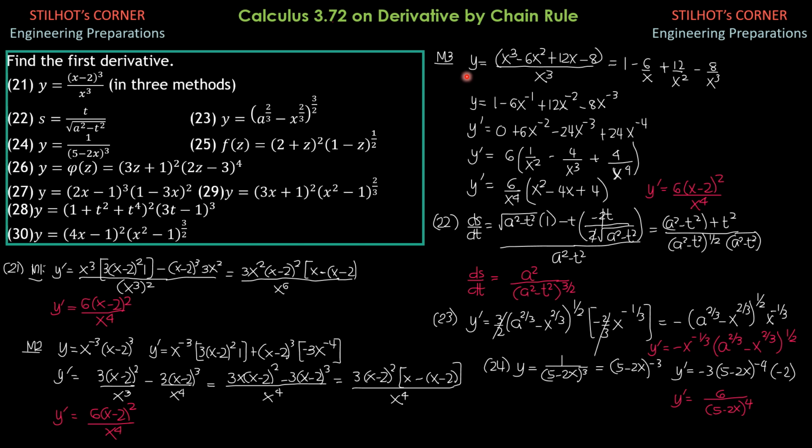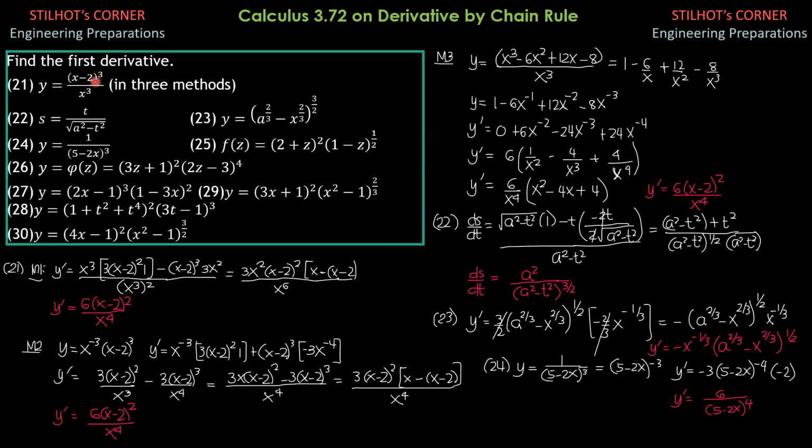Method 3, I expand the numerator first. So cube of x is x cubed plus 3 times square of x. So 3x squared times the second, negative 2. 3x squared times negative 2 is negative 6x squared plus 3 times x times the square of negative 2. So 3x times negative 2 quantity squared, that's 12x.